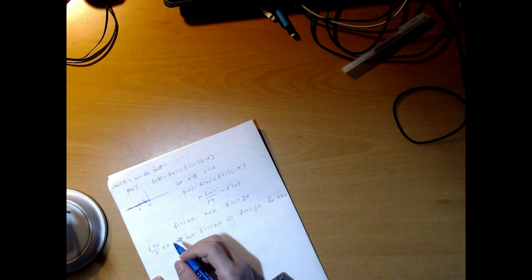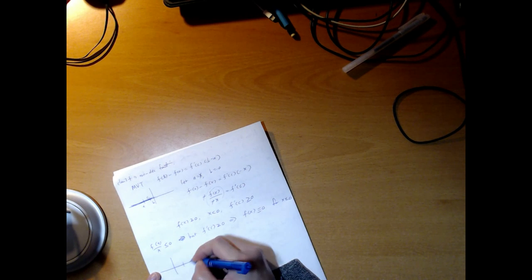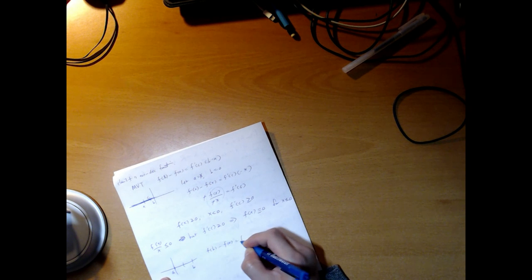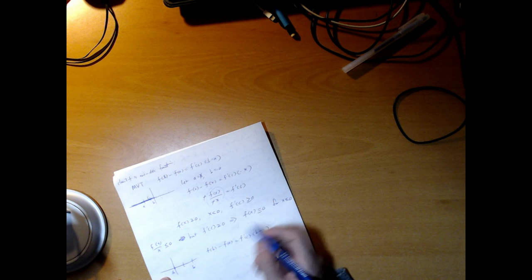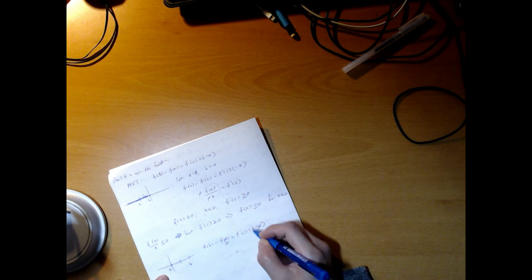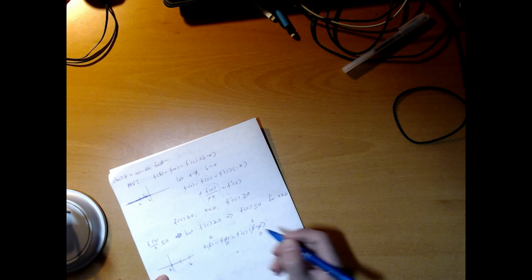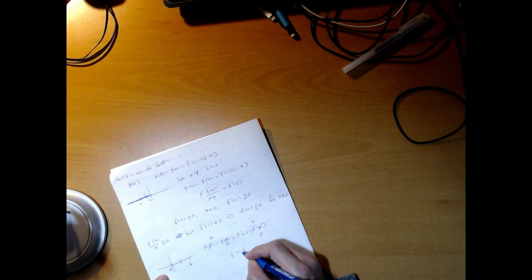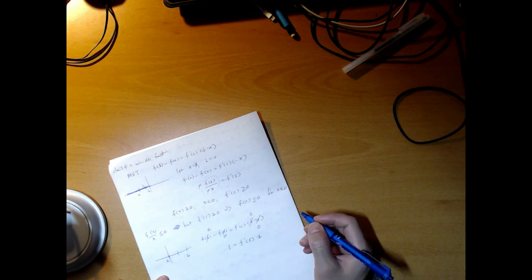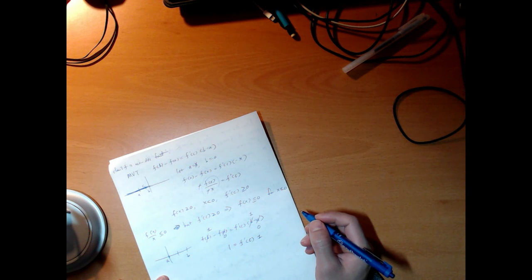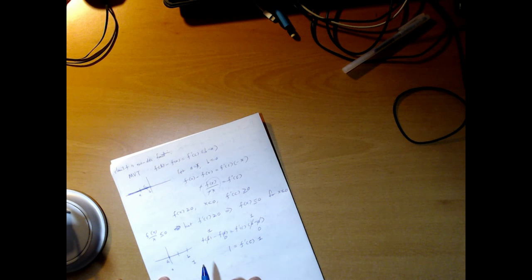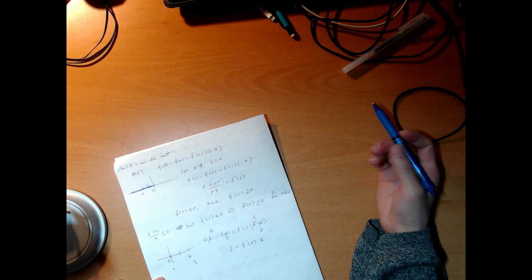Now let's see if we do this from the other way. Once again, we choose f(b) minus f(a). Let's choose a equals 0, then let's choose b to be 1. So f'(c) is equal to 1. Okay, so 0 to 1, this is a non-decreasing function. Wait, am I doing something wrong here?